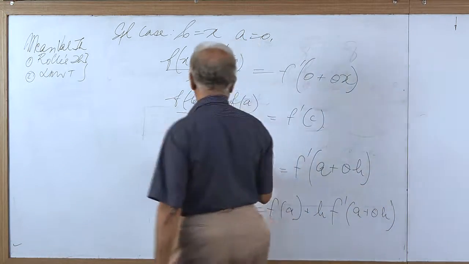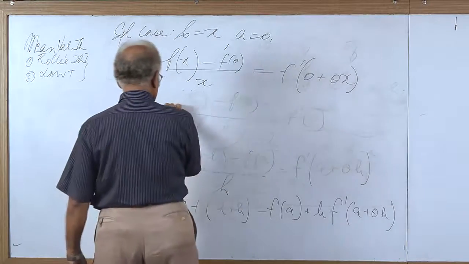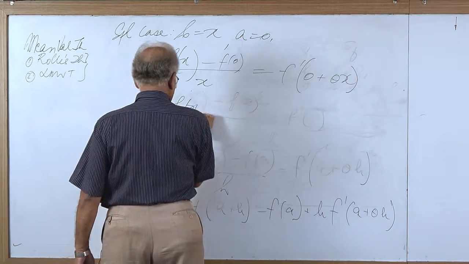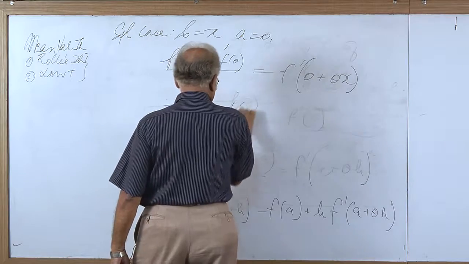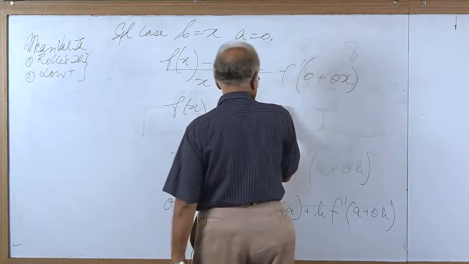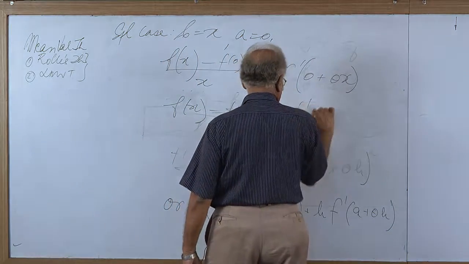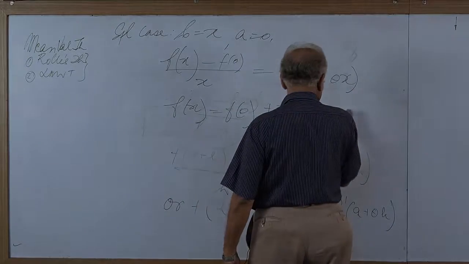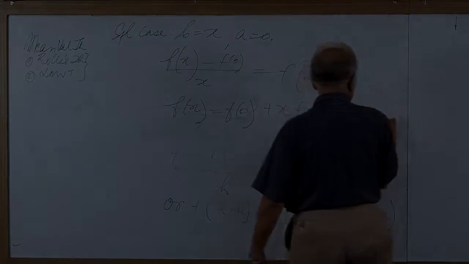In other words, f(x) can be represented as f(0) plus x times f dashed (theta x), keeping in mind theta is less than 1 and greater than 0.